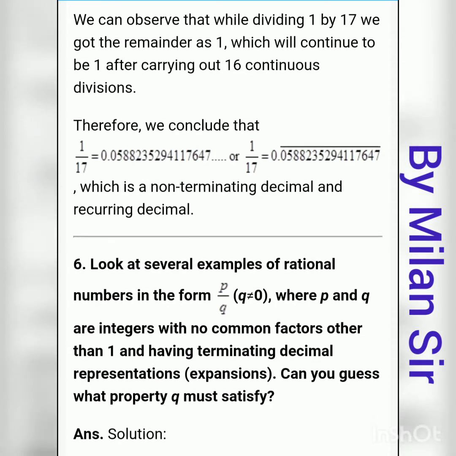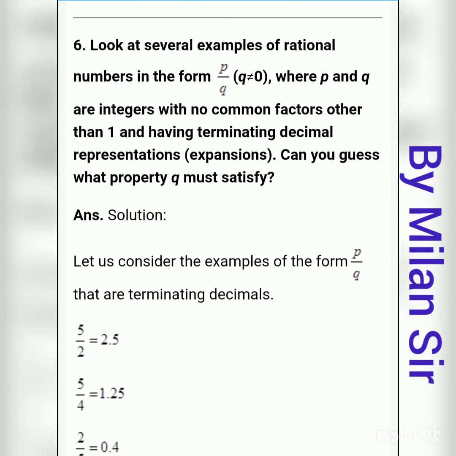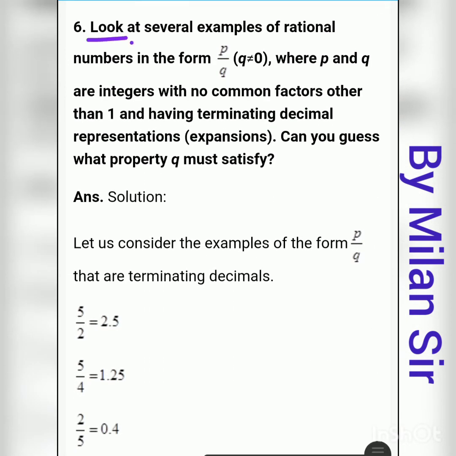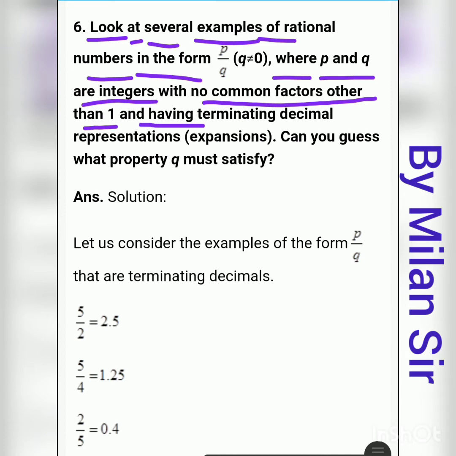Now next is question number 6. Look at several examples of rational numbers in the form of p by q, where p and q are integers with no common factors other than 1 and having terminating decimal expansion. Can you guess what property q must satisfy?